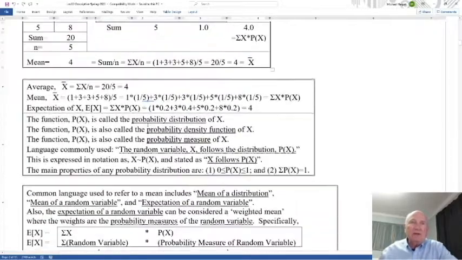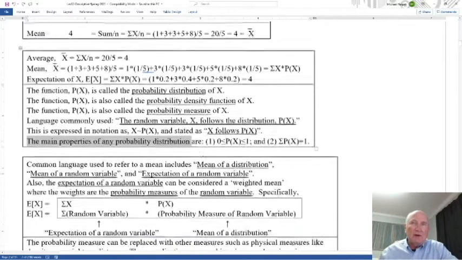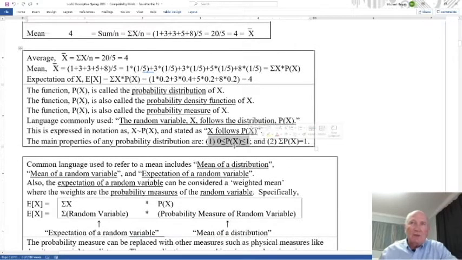The language commonly used is the random variable x follows the distribution p of x, and it's expressed with that notation. Now, the main properties of a probability are, first of all, the probability has to range between 0 and 1.